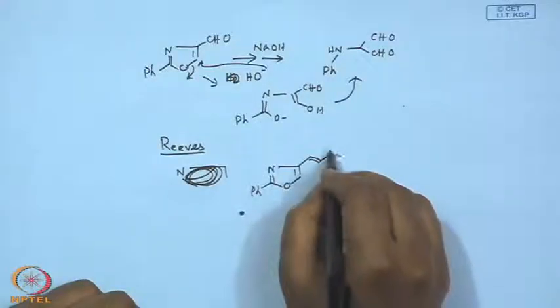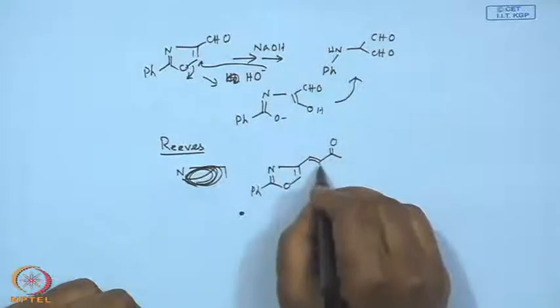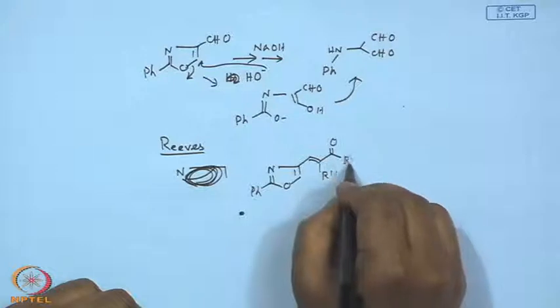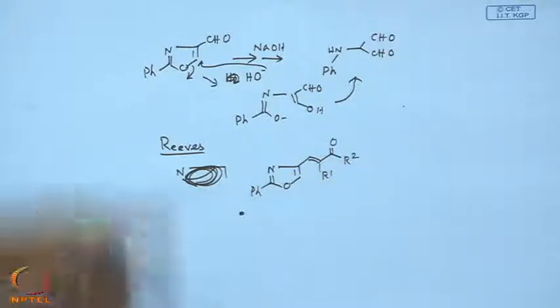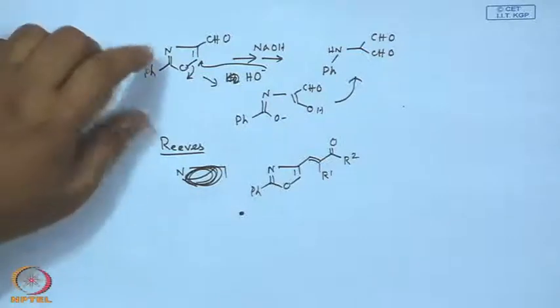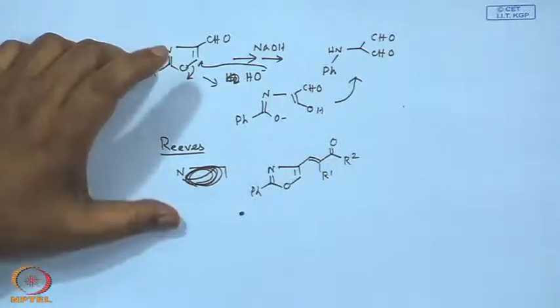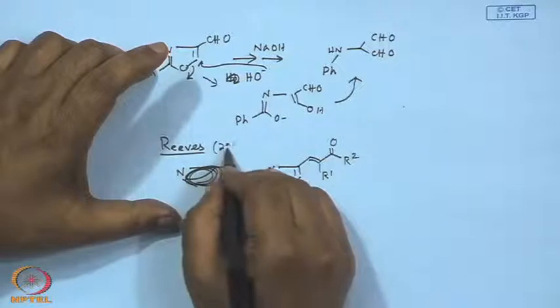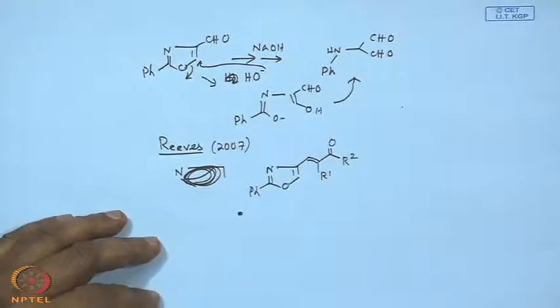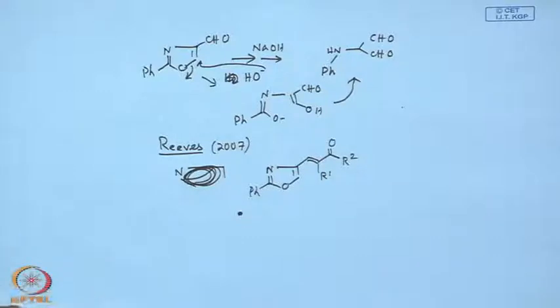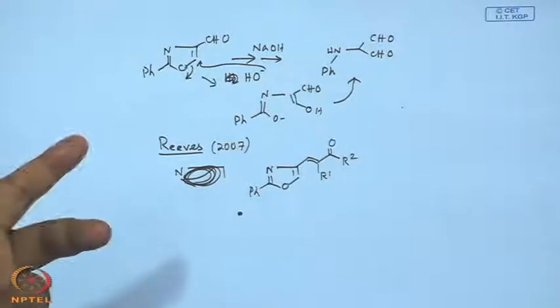So what Reeves did, he took a substrate of this kind. It has a relationship with the previous example. What is the difference between these two? Or I should say, what is the analogy between the two?